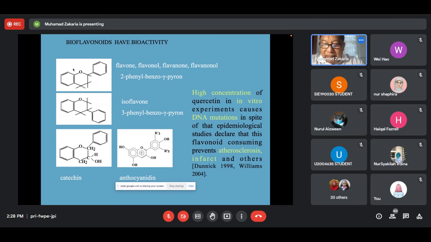In spite of that, epidemiological studies declared that consuming this flavonoid prevents atherosclerosis, infarct, and other diseases. As I mentioned earlier, it can help to strengthen the vessels. So there is also some potential hazard in taking too high a concentration of quercetin.